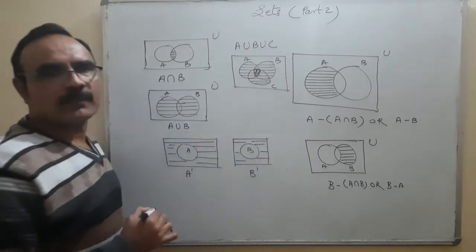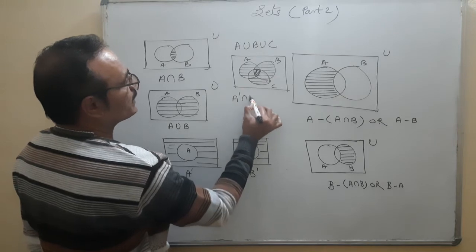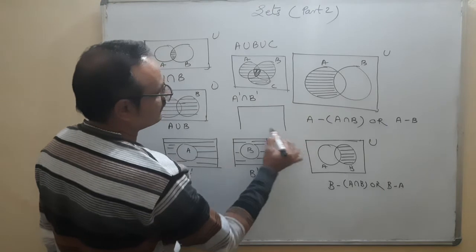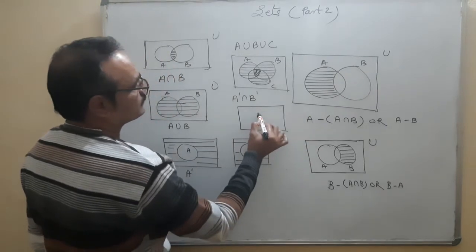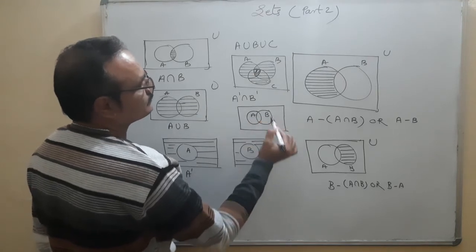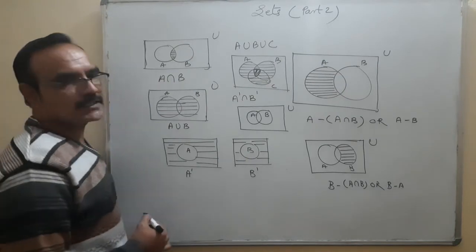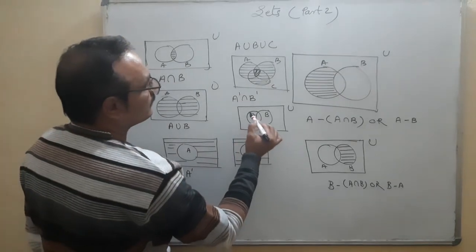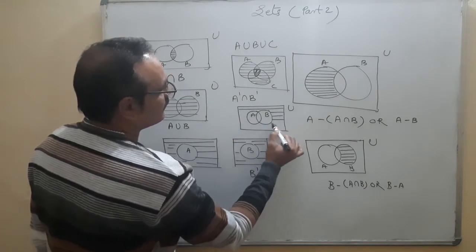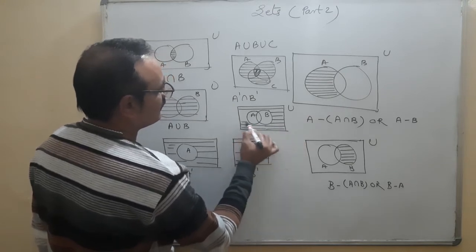If we want to write A complement intersection B complement, am I right?